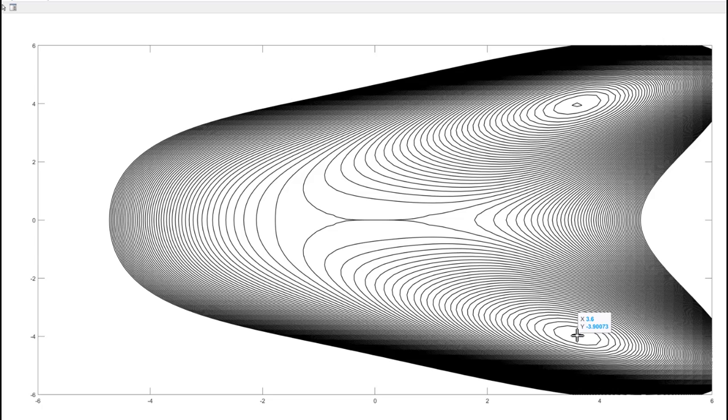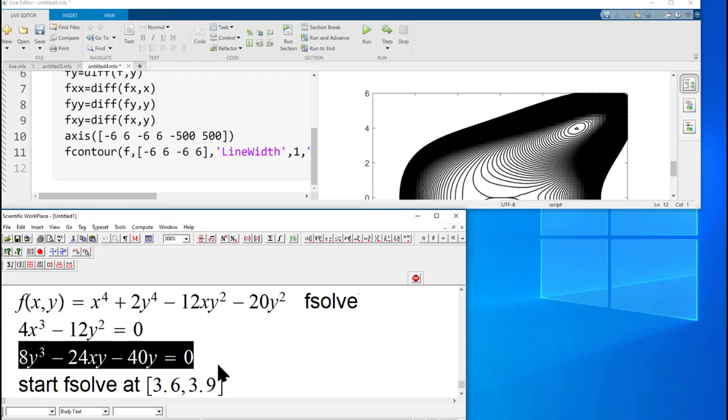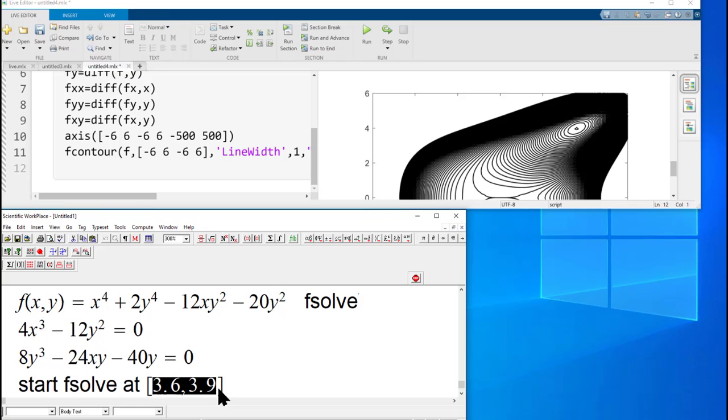Okay, so let's see. For instance, the x, y coordinates of this point are 3.6 and negative 3.9. So what we will do is use the fsolve feature of MATLAB for solving this set of two nonlinear equations in x and y by a numerical solver, where we will use this as the starting point that we got from the contour plot.